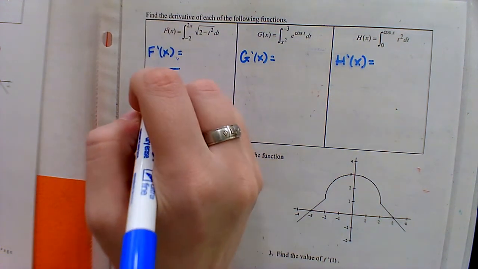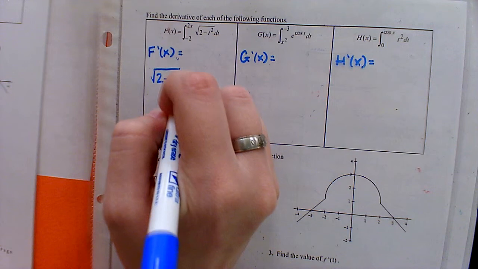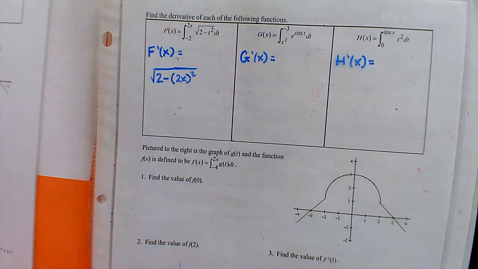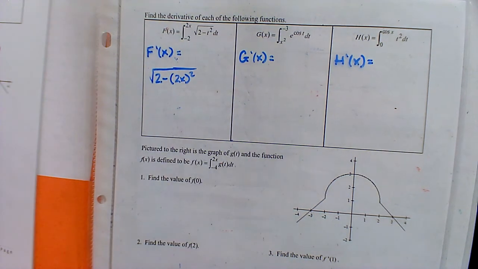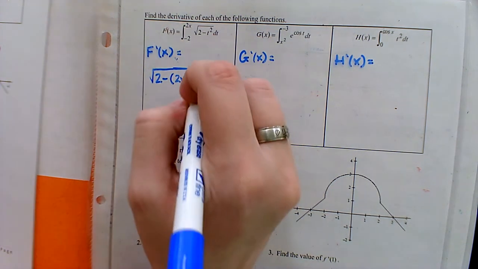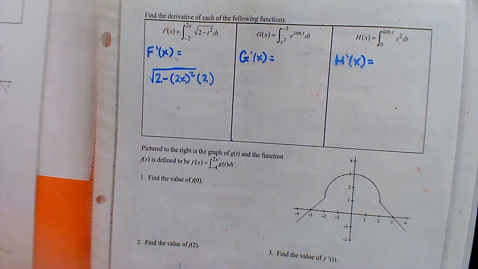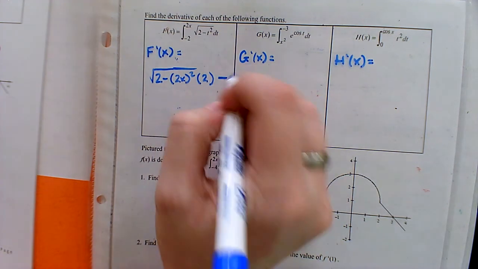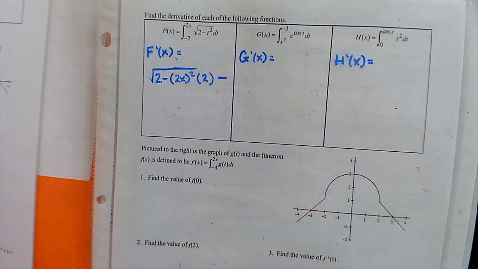So if we plug in the top bound, we get that, times the derivative of the top bound, which would be 2. Then we have to subtract what we get when we plug in the bottom bound. What's going to happen though? Can we anticipate it?